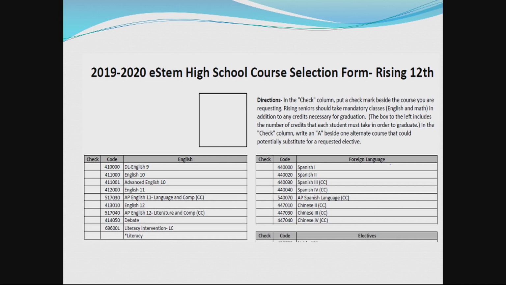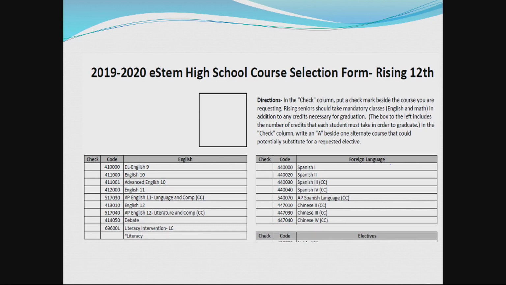Besides the mandatory credits and/or classes, students are encouraged to select from the wide range of electives that we are excited to offer this year. If you plan to work or intern next year, you may take only the number of classes. Please note that you will need to have your parents sign a form stating that they understand that you will leave school early or arrive to school late in order to work or intern.